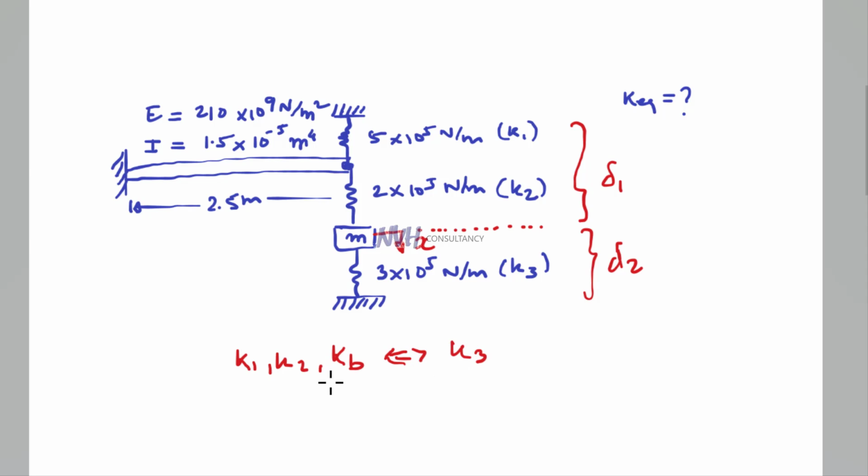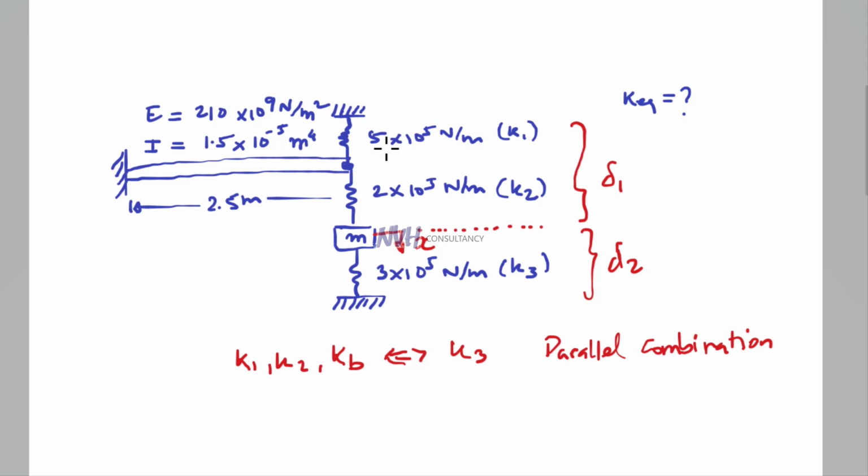Okay, so these are in parallel combination. Now once that is resolved, what we need to do is understand the system that is above the mass. So if you look at that, what you have is K1, K2 and Kb.